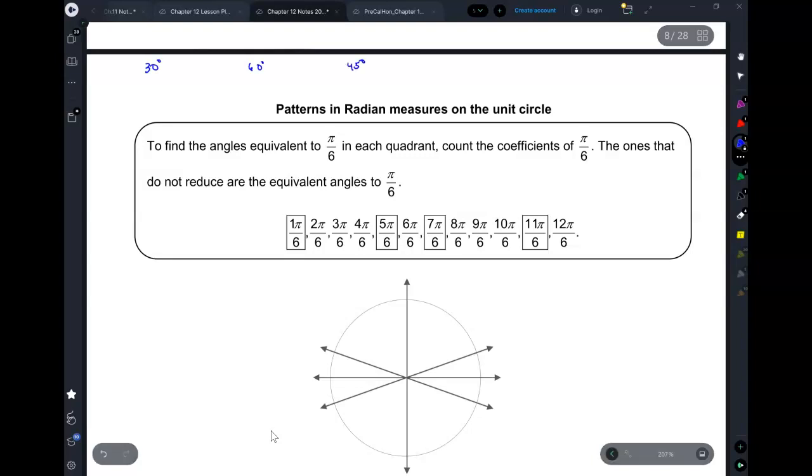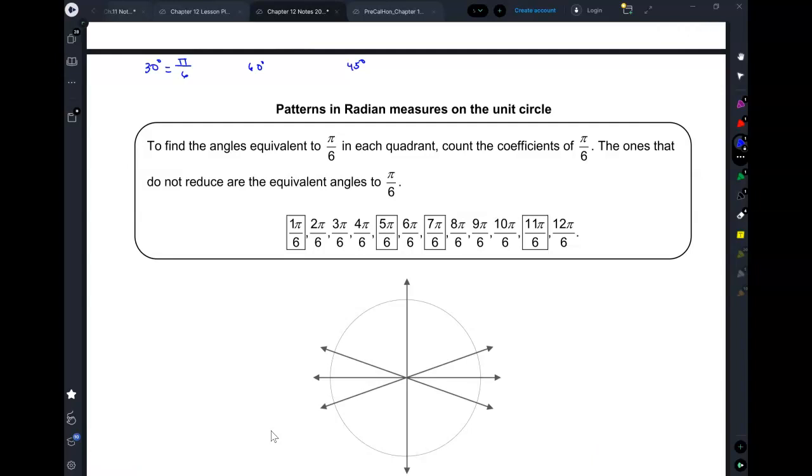So let's talk about the 30 degrees for a minute. Everything is based on pi, which is half a circle, which is 180 degrees, yes? So what should you divide 180 by to get 30? 6. So to get 30, we divide 180 by 6, which means it's pi divided by 6.